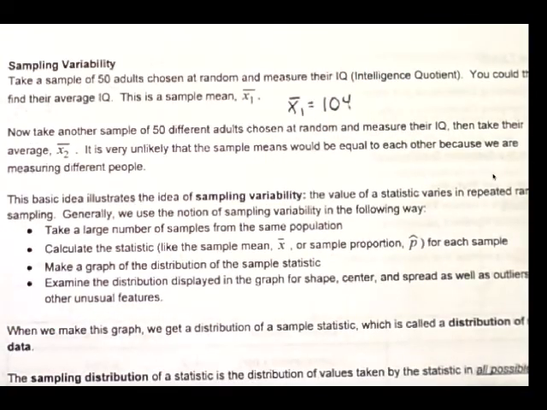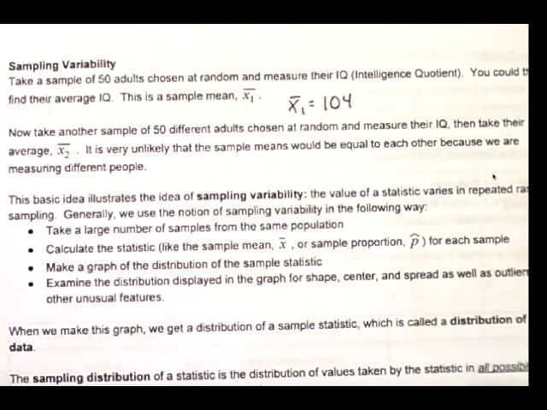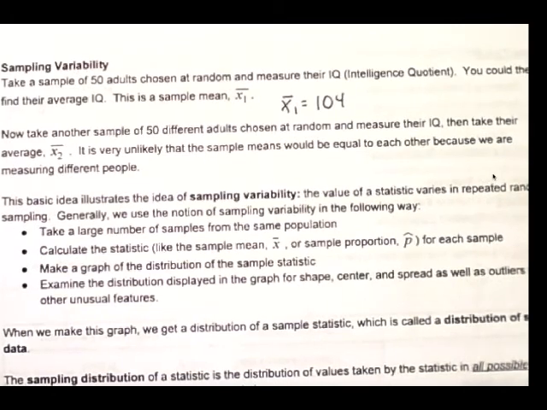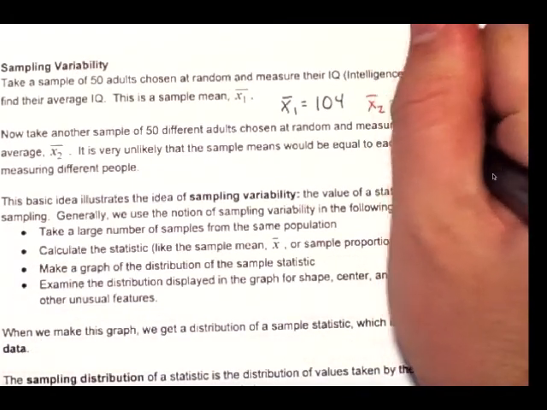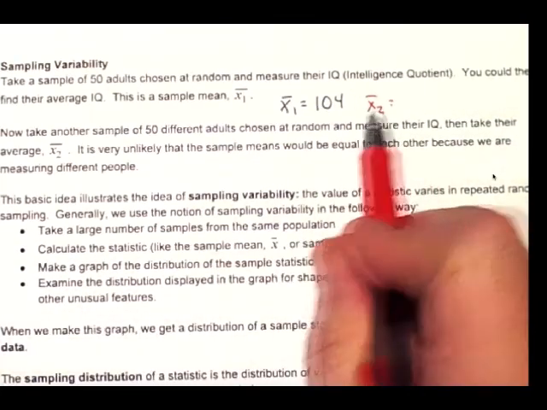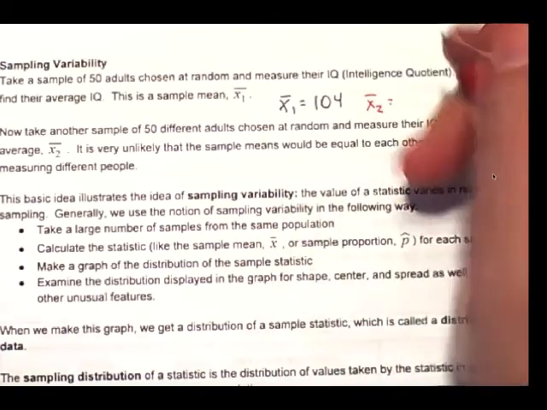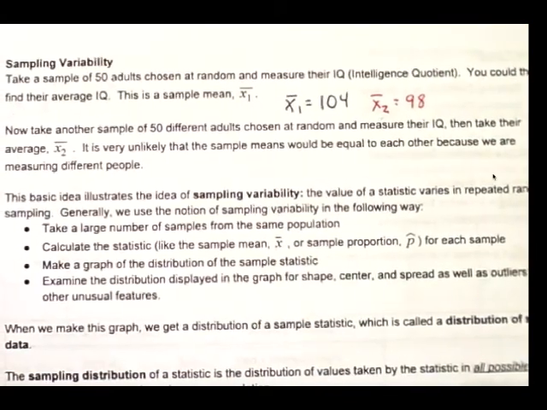It says, now take another sample of 50 different adults chosen at random and measure their IQ. Then take their average. So I'm just going to call that X bar 2, 2 meaning the second sample, this 1 meaning the first sample. Maybe when I do that, the average of those people is 98.